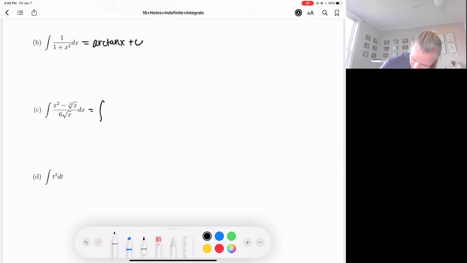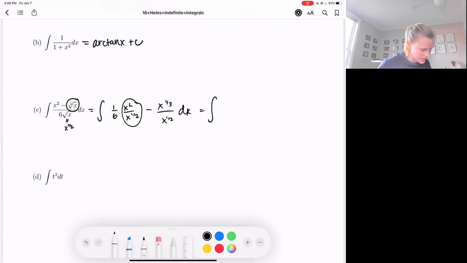This one we need to simplify first. So this is x to the 1/2, so I'm going to get 1/6. Well, I'll go ahead and write out all the gory details. This is x to the 1/3. Now I can subtract these exponents in each case. When I do that, I'm going to get 1/6 x to the 3/2 minus 1/6 x to the negative 1/6.